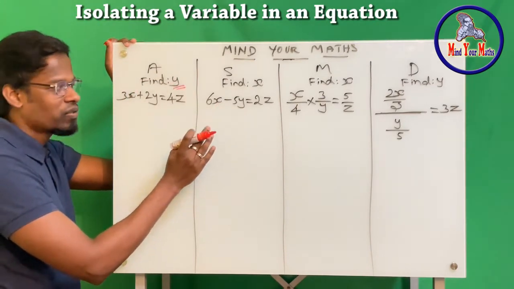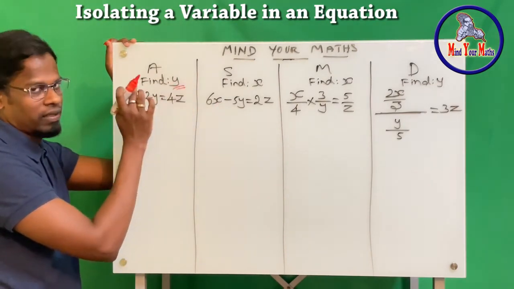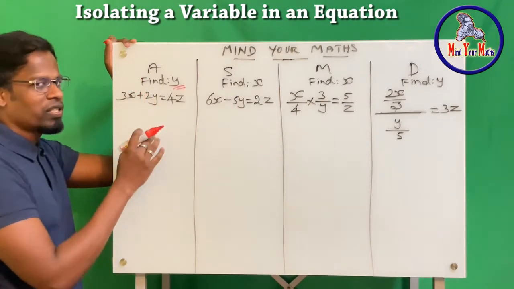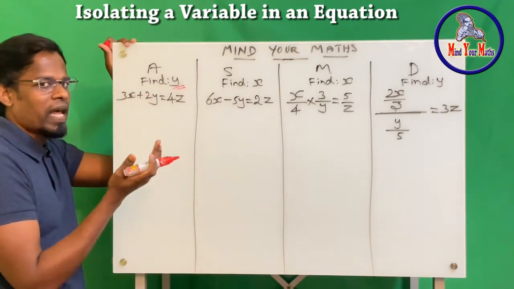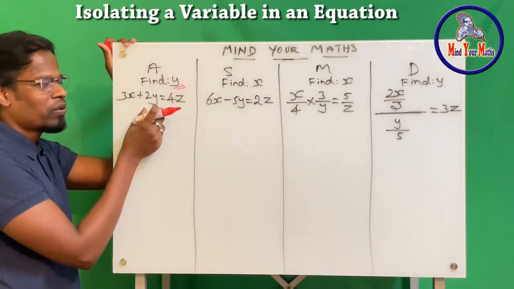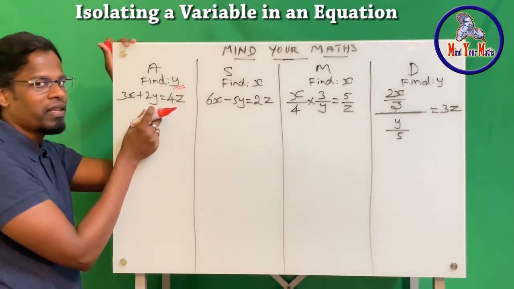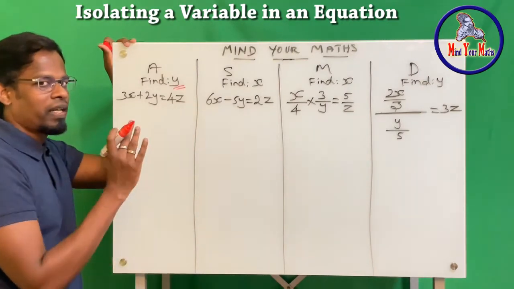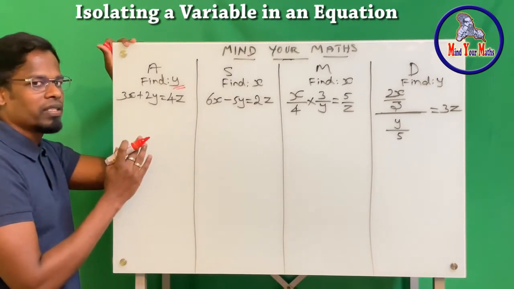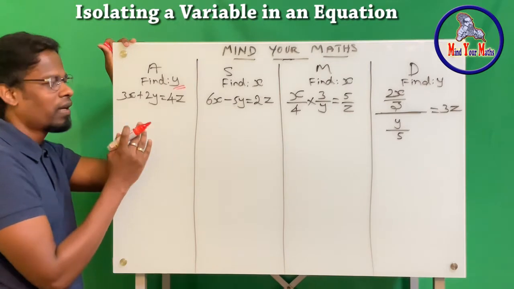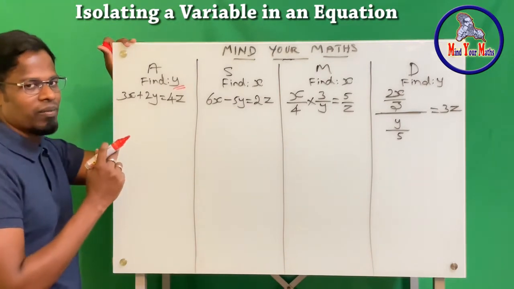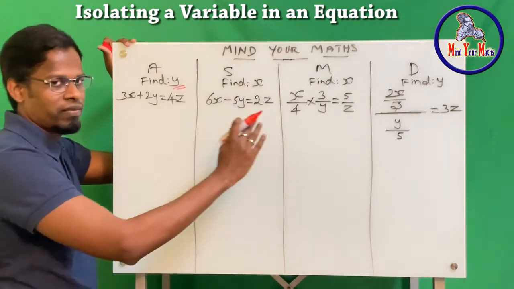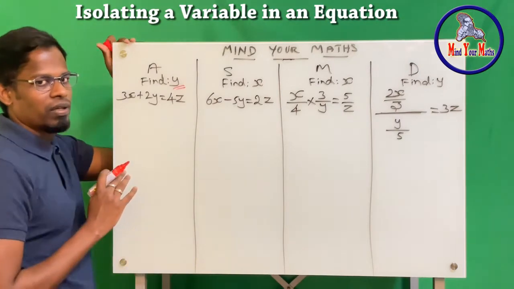Yeah, so that is how we will find y. Now in this equation you may not find the actual value in numbers, but at least you will be able to isolate the y in the equation. That's what our target is for this one. Our learning at the end of this video is you will be able to find how to isolate the variable, right? So that's what this video is targeting you to reach.